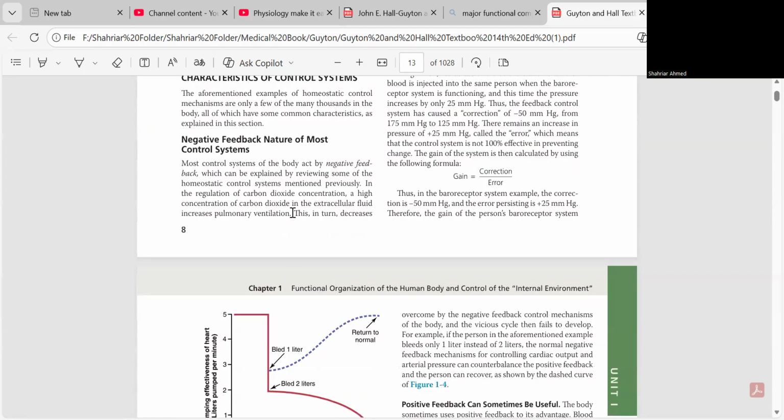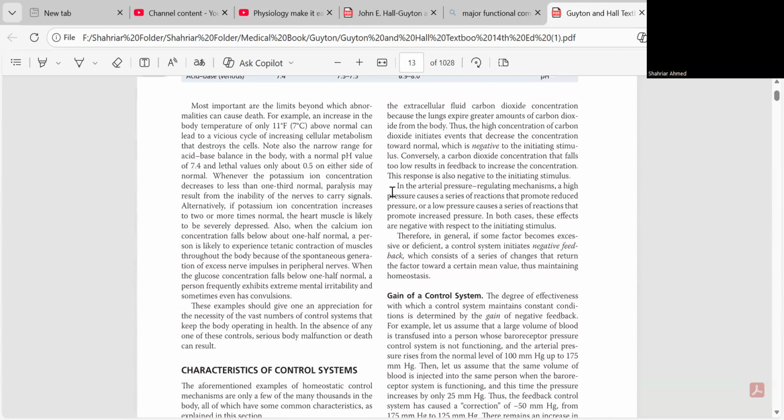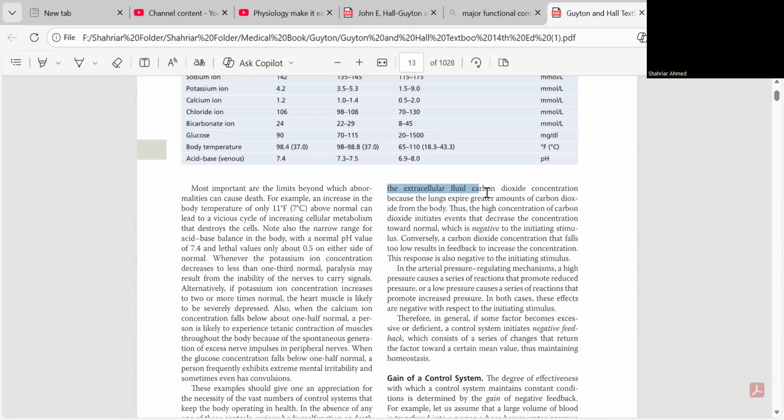In the regulation of carbon dioxide concentration, a high concentration of carbon dioxide in the extracellular fluid increases pulmonary ventilation. This in turn decreases the extracellular fluid carbon dioxide concentration because the lungs expel greater amounts of carbon dioxide from the body.